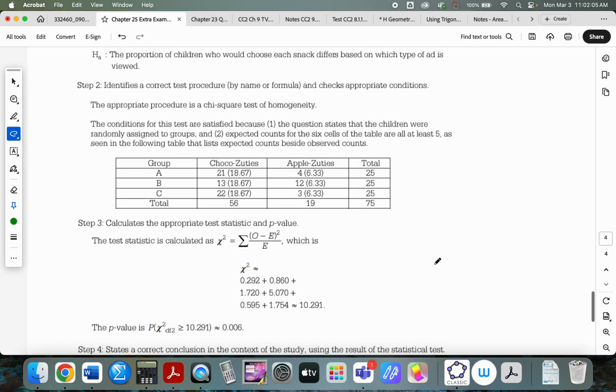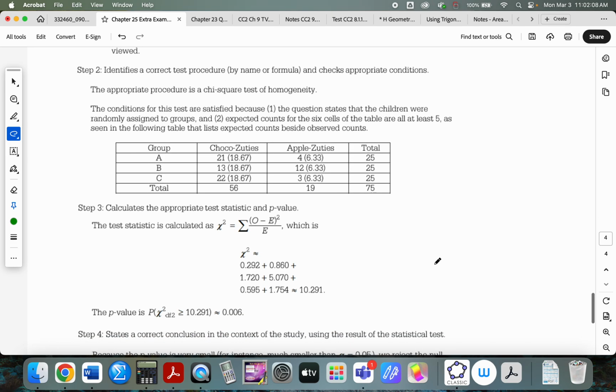So it turns out that the chi-squared number here has 2 degrees of freedom, because it was ABC, and you have 2 columns and 3 rows. This is one where it's the number of columns minus 1 times the number of rows minus 1.